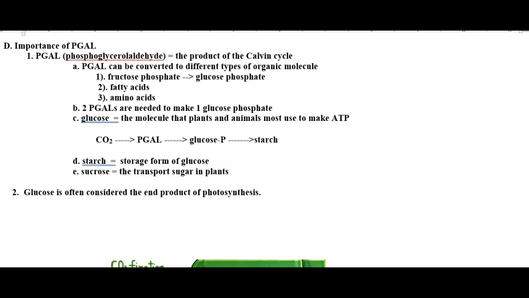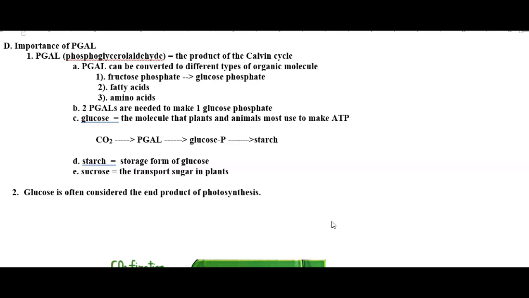Glucose is the molecule that plants and animals use the most, so we're just going to be sticking with the glucose. So glucose is the number 1 molecule that is going to be used to actually make ATP. Now, even though PGAL is actually the product of the Calvin cycle, glucose is often considered to be the end product.